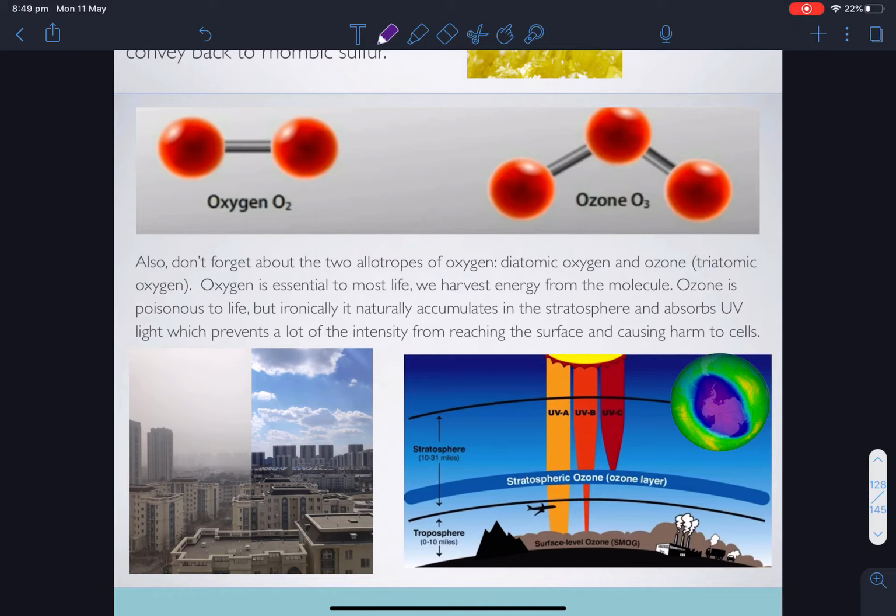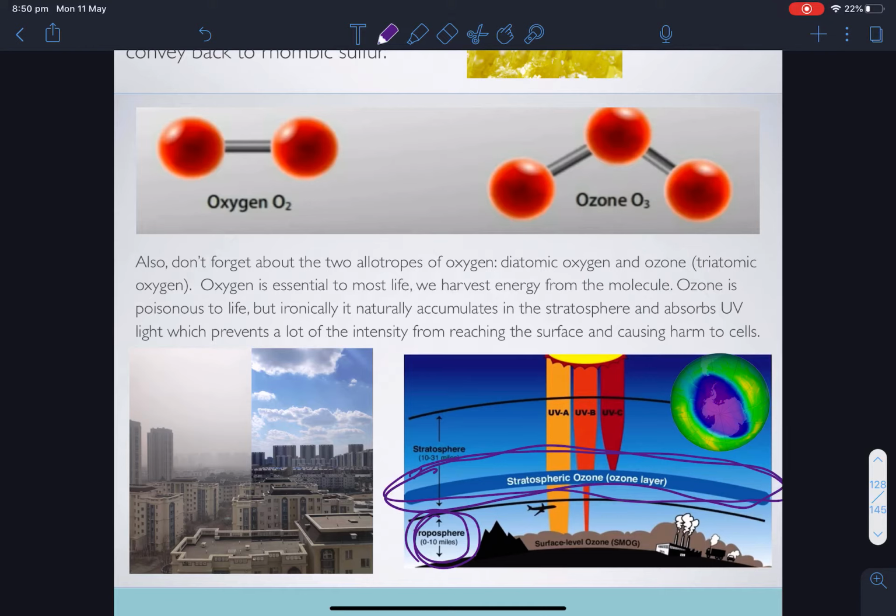Where it is ideally, and where it was a long time before humans came along, is there's a layer that forms in the stratosphere, which is the layer just above the layer that we live in, the troposphere. And it accumulates in the stratosphere at a certain concentration.